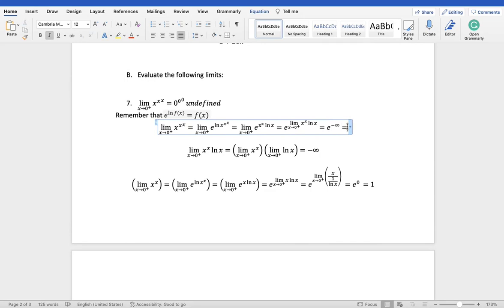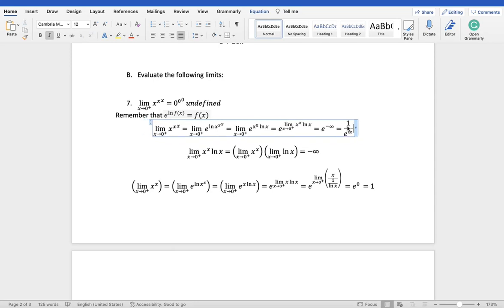As you can see, it's basically the same as 1 divided by e to the infinity. And what is 1 divided by e to the infinity? Zero. So our final answer should be 0.